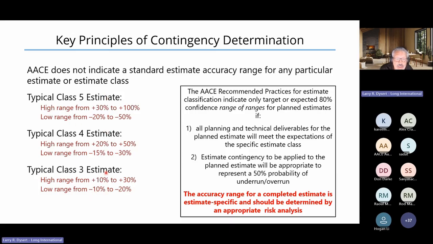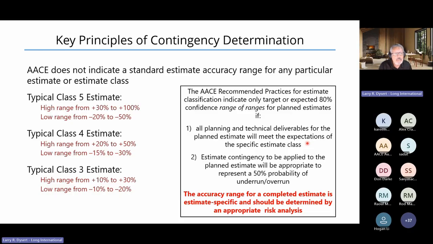This range of ranges provides us a target estimate accuracy that we expect to be able to achieve if all of our planning and technical deliverables for the estimate meet the expectations defined in that estimate classification document.